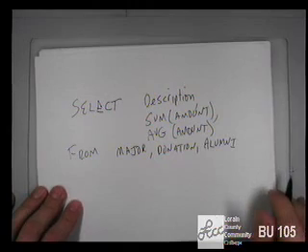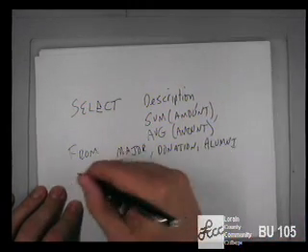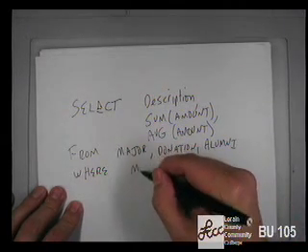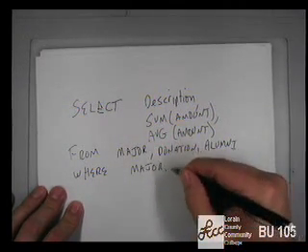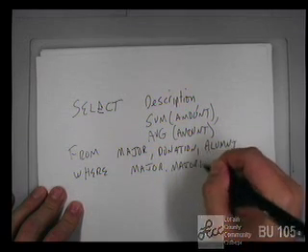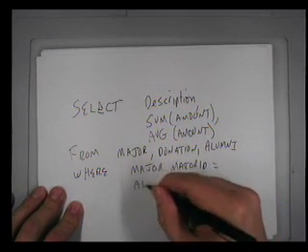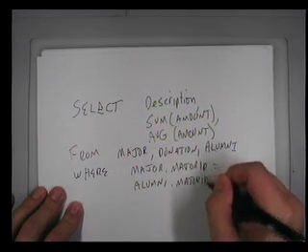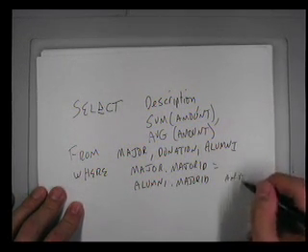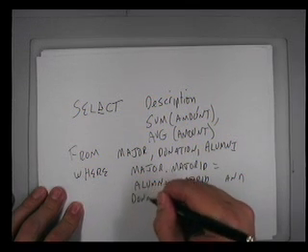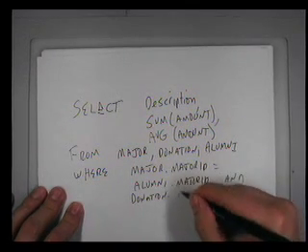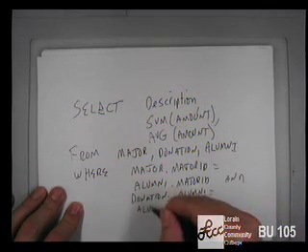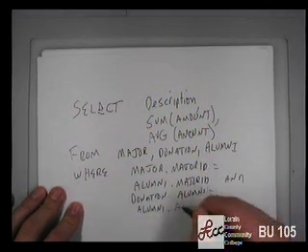All right, go ahead. Where major.major ID equals alumni.major ID and donation alumni ID equals alumni.alumni ID.